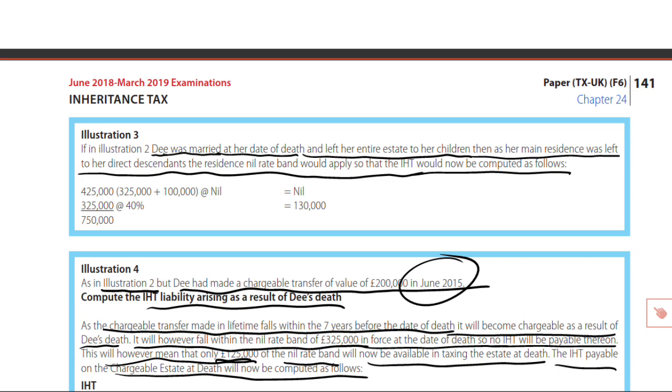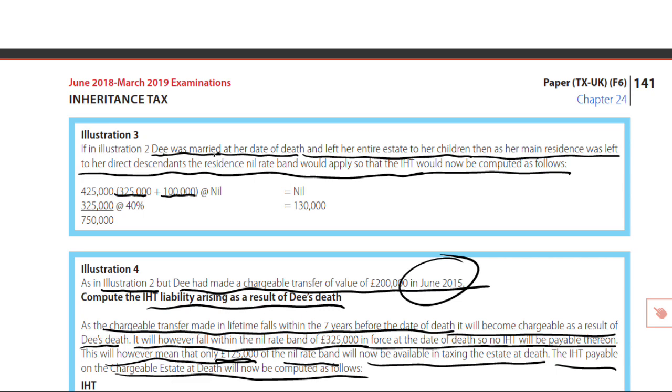So now against the chargeable estate of £750,000, we would have both the normal nil rate band of 325 and the 100,000 residence nil rate band, because the main residence, with a net value in the estate of 300, is being left to direct descendants, so we get the 100,000 additional residence nil rate band.